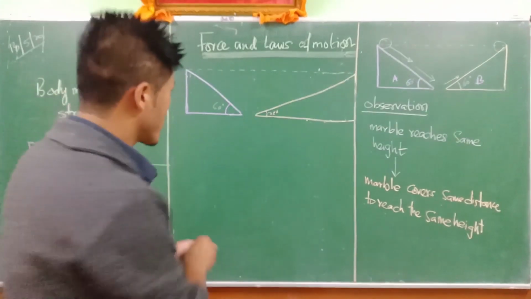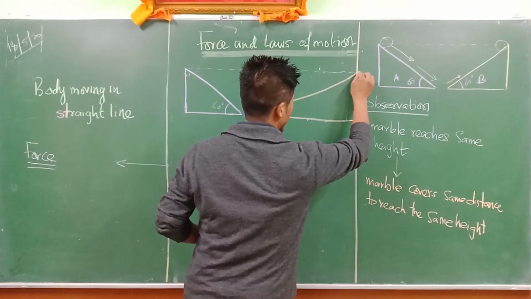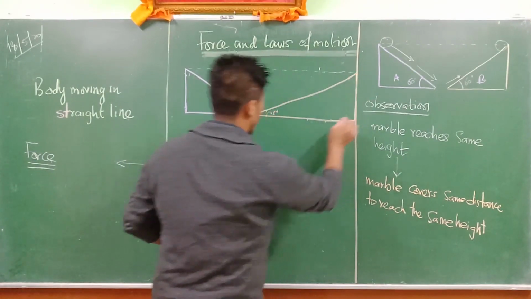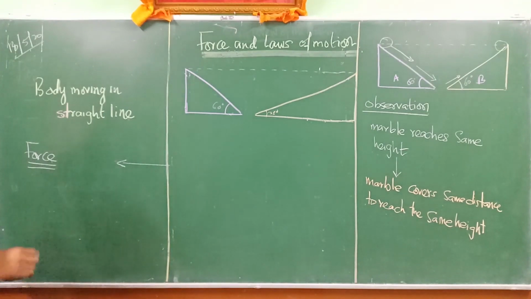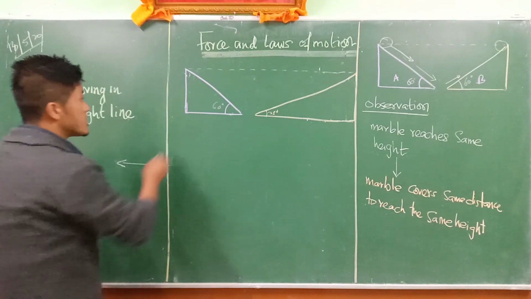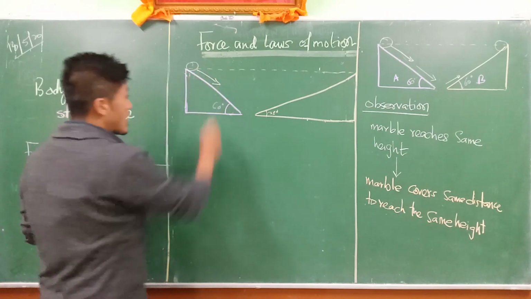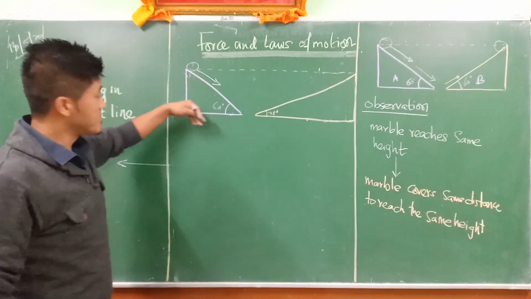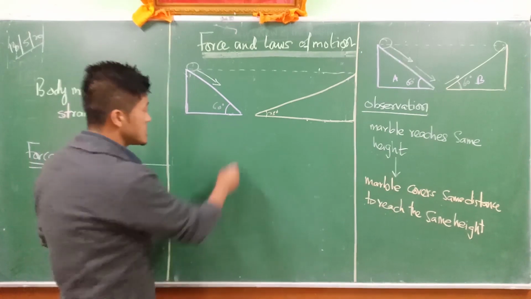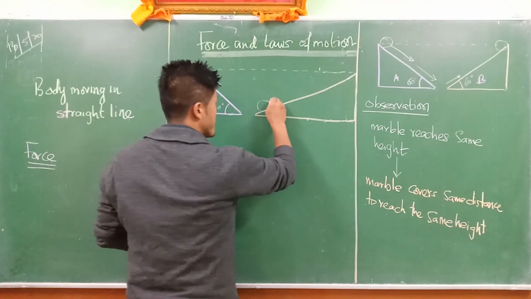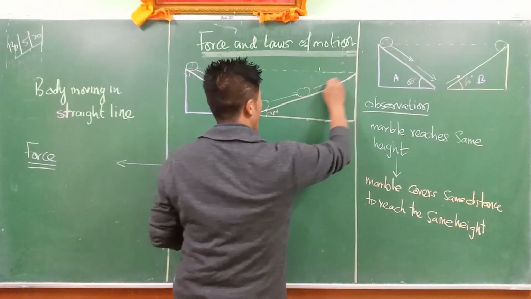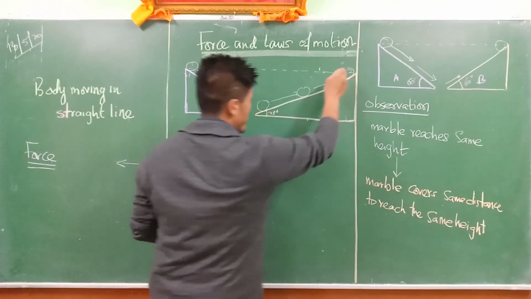Okay, fine. So now in the second one, again, a marble was released from here, and down the inclined plane, the marble moved with a high velocity. Then it started to climb up here, and it reached the same height here.